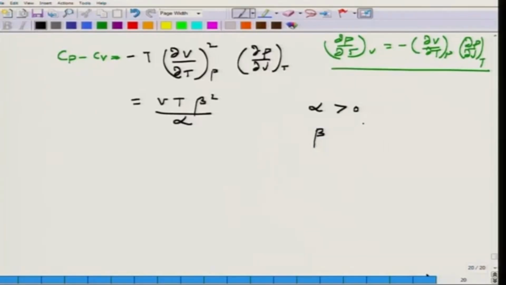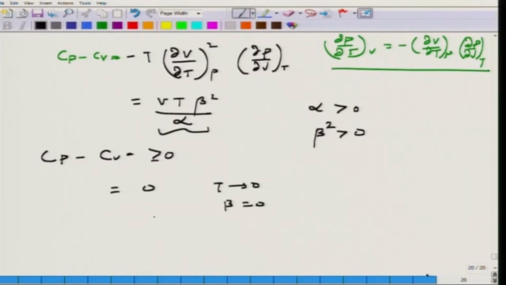But beta square is going to be greater than 0. So this particular term is going to be greater than or equal to 0. For the case where your beta is 0, this term is going to be 0. This can be 0 when temperature approaches 0 or beta is 0. Otherwise positive. For the case of ideal gas, this is nothing but R.